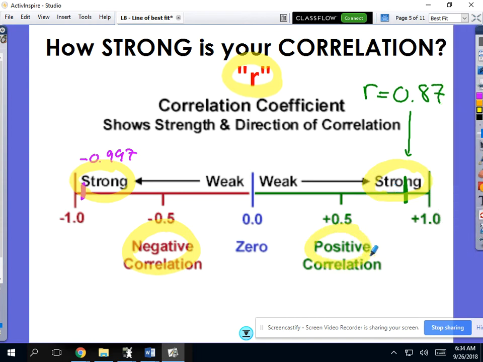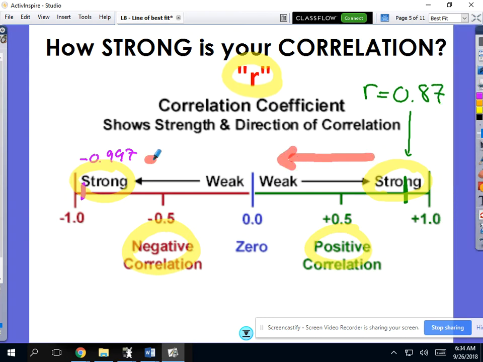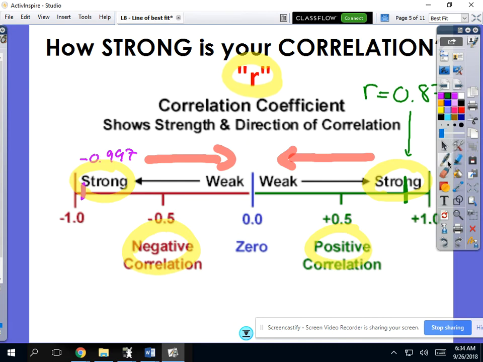If you are close to -1 or close to +1, both of those are strong. Just one is positive, one is negative. It's only when we start moving towards the middle, towards 0, that our correlation, the measurement of how good a fit this is, starts to get weaker.